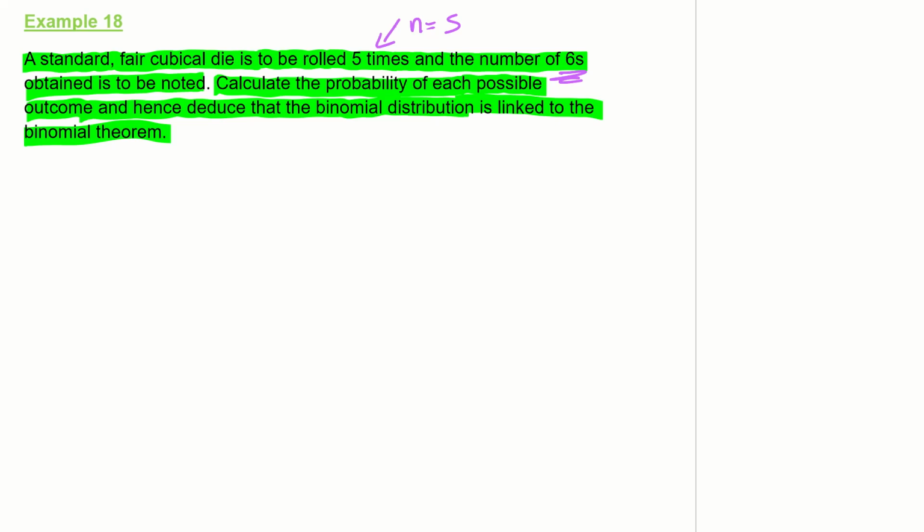We only then get 1 non-6, and all the rest are 6s, and 5 choose 4. And if we do that, we get 25 over 7776. And finally, x is 5. All of them are 6s, so that's just going to be 1/6 to the 5, and that is 1 over 7776.